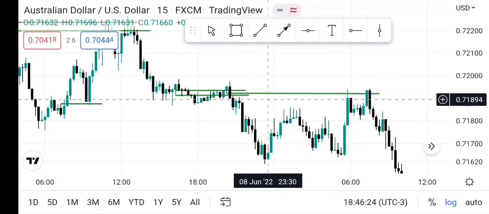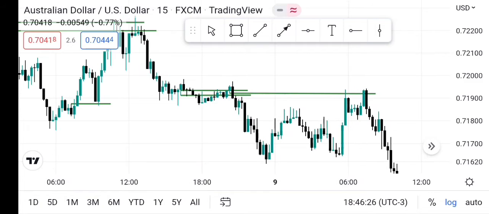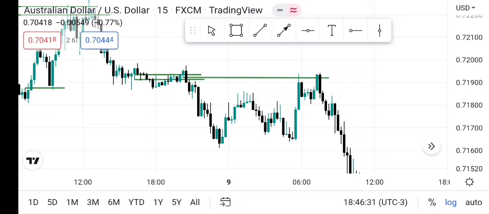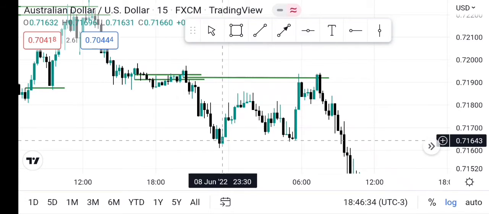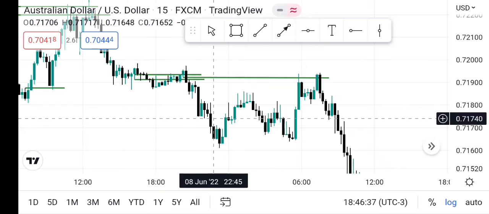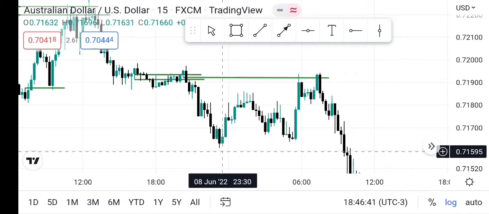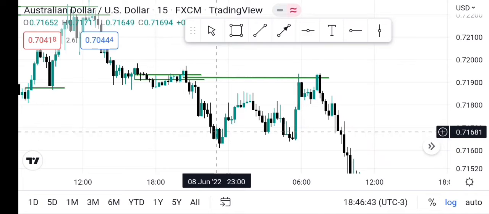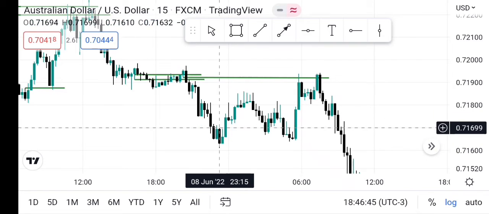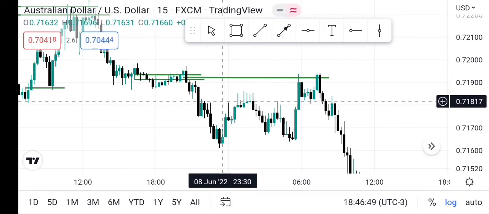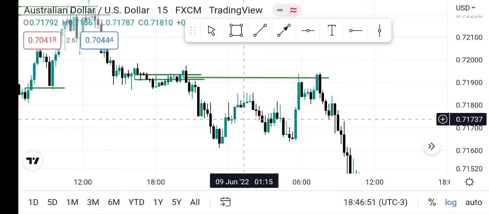Now look at this example right here. Now look at this zone right here. This is a swing low, and you can see price broke this structure. This is a resistance here, and the price broke this resistance structure. Now let's draw.